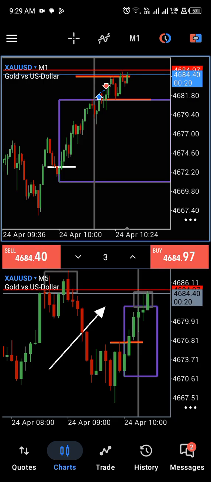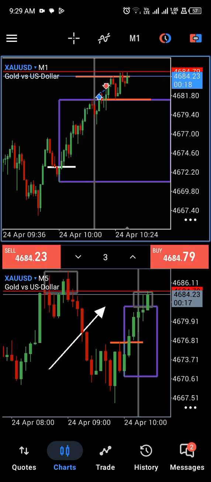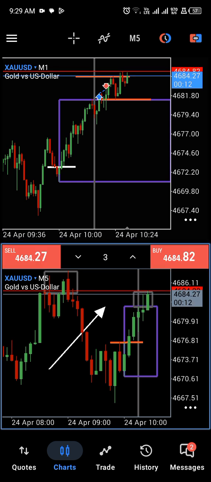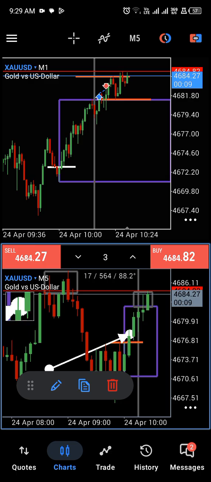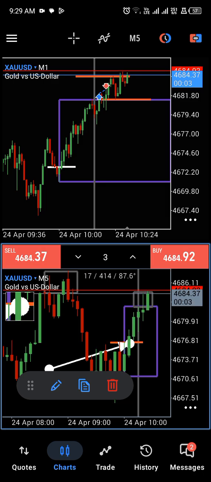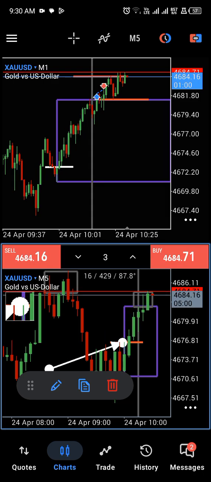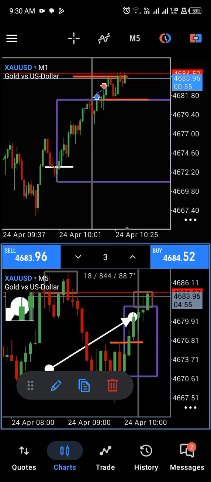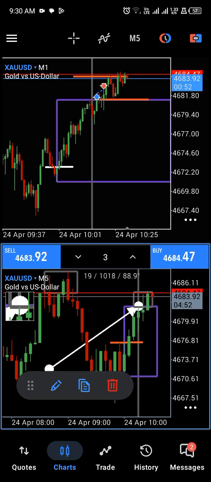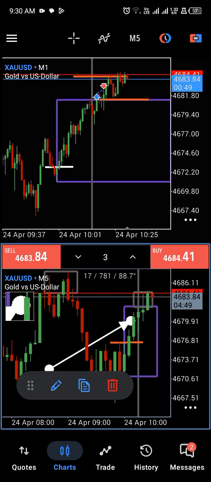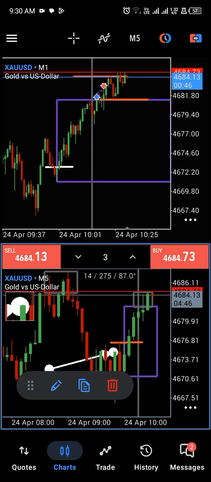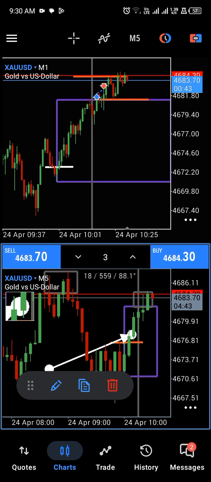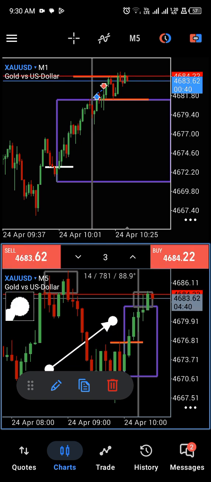Yeah, the buyers are pushing the price up there, but it is not going in an interesting way. You can see here, even though buyers are pushing the price up, we can see that sellers are here. They keep trying to push, even though buyers keep taking them out, but you can see this rejection. Sellers try to push, buyers try, like we can see that sellers are present, and this buying move to the upside is too compressed on a 1 minute time frame.